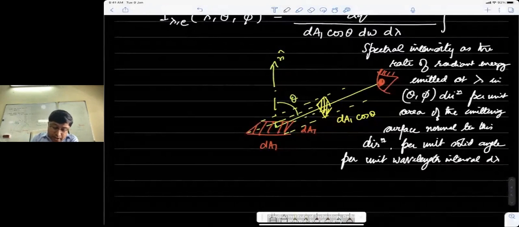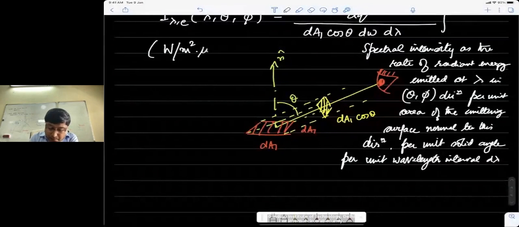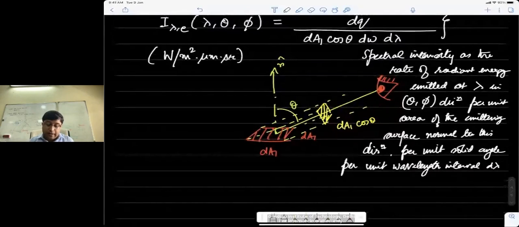Now, the units of this intensity are watt per meter square per micron per solid angle. So it would be watt per meter square micrometer steradian, because the micrometer would be the common unit that we will use for wavelength, and steradians is the unit of the solid angle d omega.